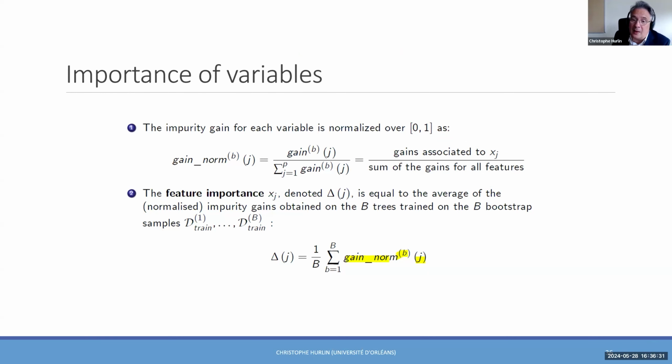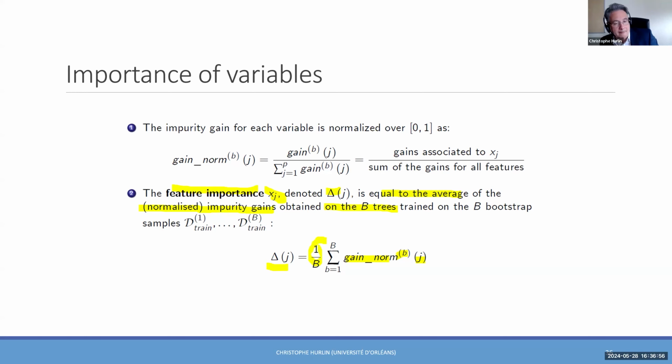And I compute the average. And this is what we call the feature importance. So the feature importance of the age variable, delta j, is equal to the average of the normalized impurity gains obtained in the capital B trees trained on the B bootstrap samples.